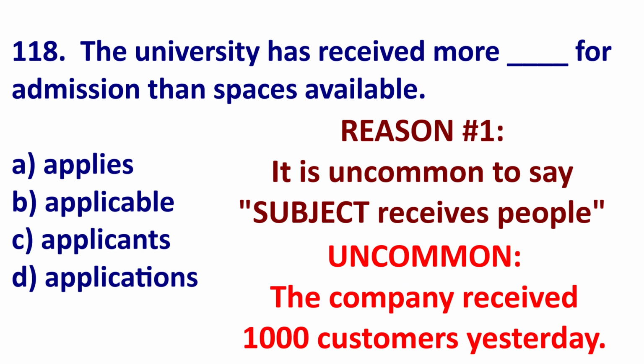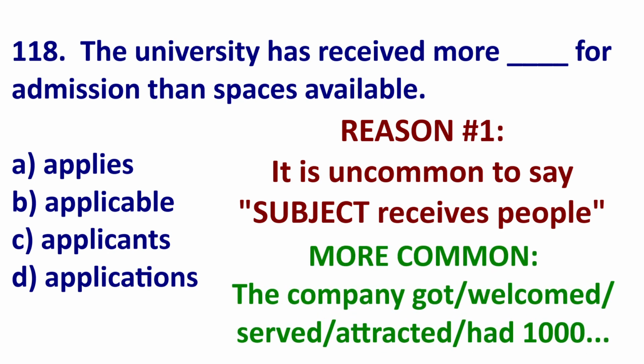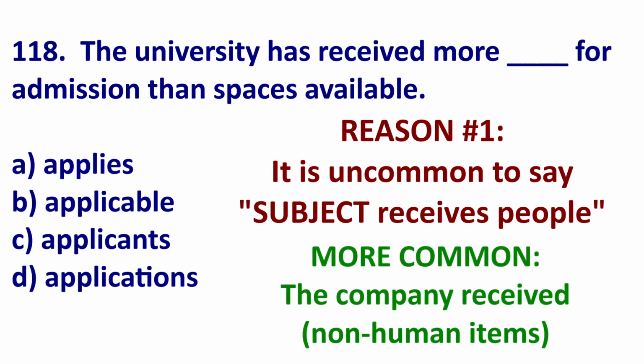This is a little strange. We don't usually receive people. It would be better to say the company got, welcomed, served, attracted, or had 1,000 customers yesterday. So usually a person, company, or organization receives a box or information. It is kind of strange to receive people.